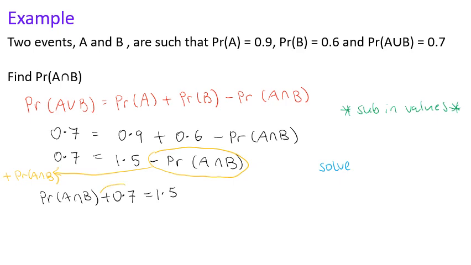Then I subtract this to the other side. So probability of A and B equals 1.5 minus 0.7, so equals 0.8.